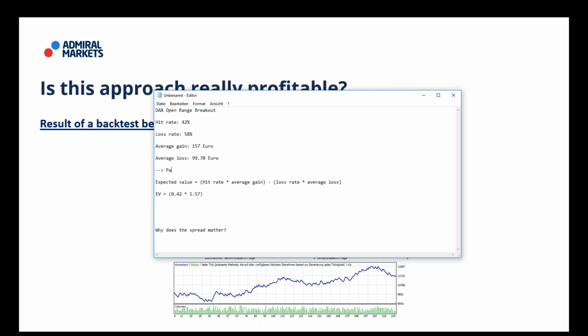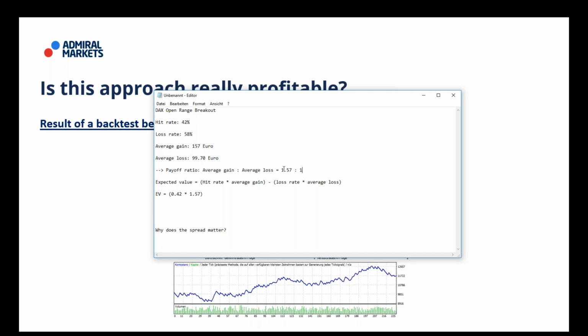What you have to do now is the following. We have to calculate the so-called payoff ratio. We don't want to work with numbers like that, because you want to have, let's call it, an objective result. That's why I want to divide the average gain by the average loss and make sure that I have a result which is not based on a 10,000 euro account, but I want to have the most objective result possible.